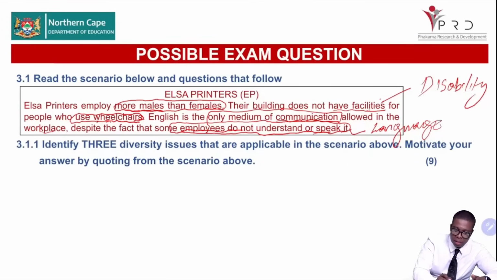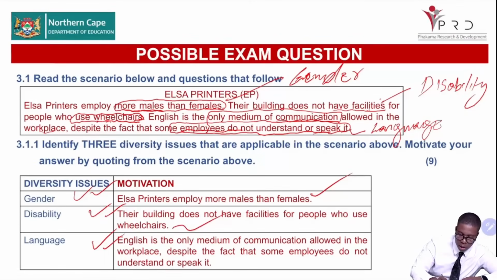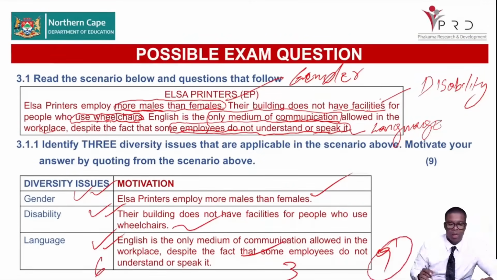Then with males and females, it should be gender. You say it's not fair because there's more males than females. So let's check. Yes, it's gender, disability, and language. 1, 1, 1. Then 6 here, then 3 here, then 9.